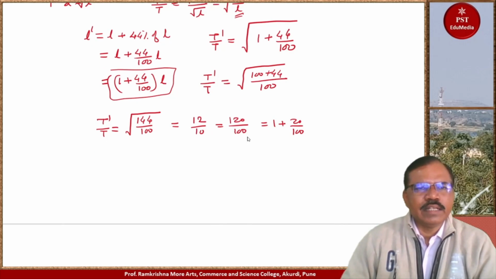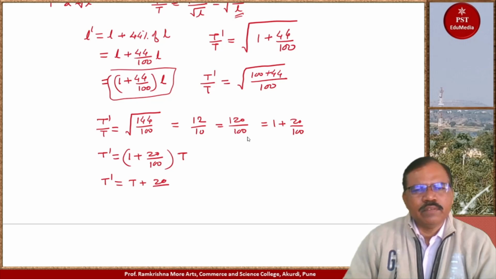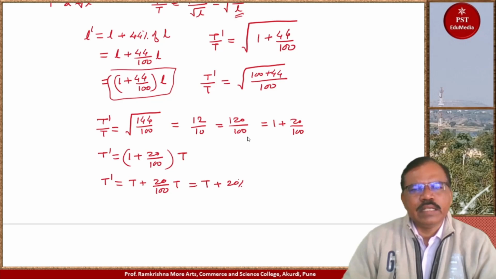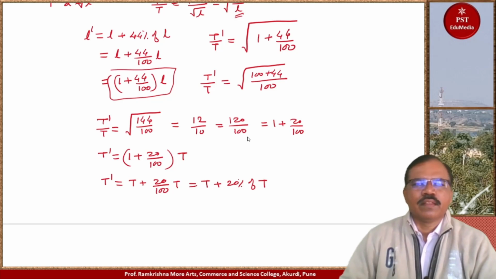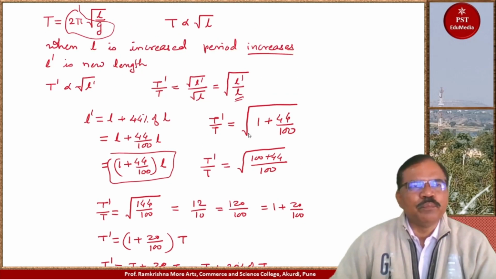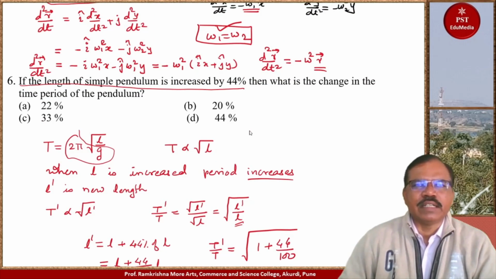So you will get T dash equal to (1 plus 20 upon 100) multiplied by T. So T dash is equal to T plus 20 divided by 100 into T, that is T plus 20% of T. So period increases by 20%.